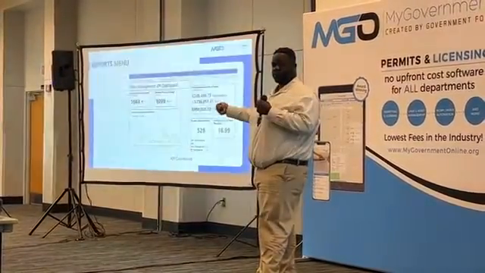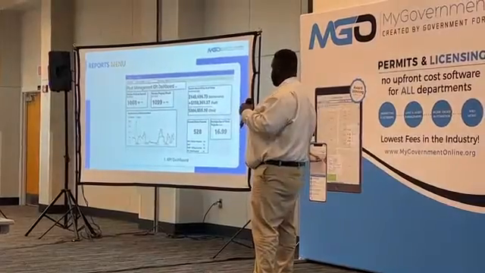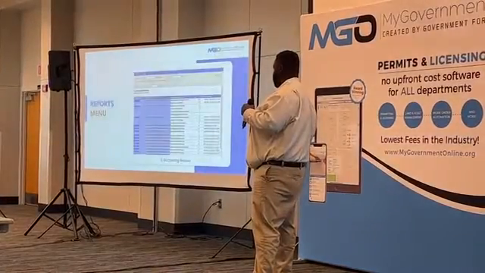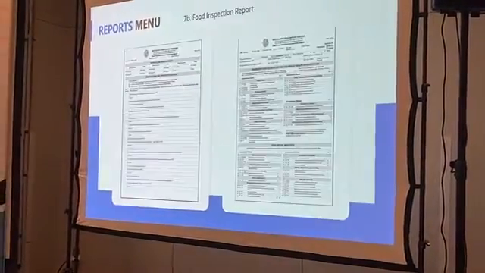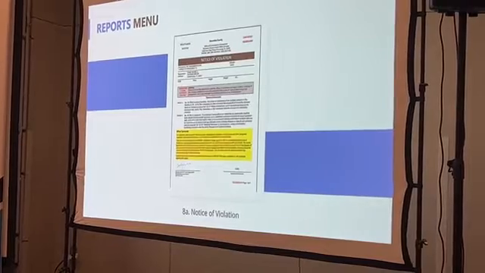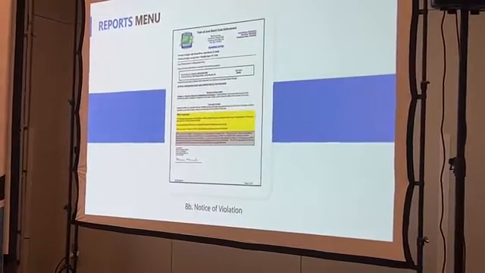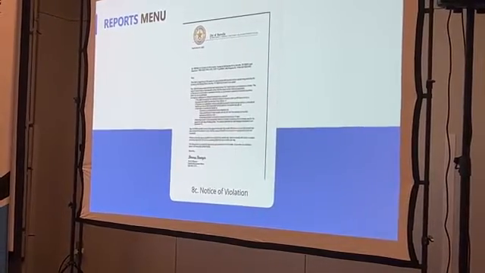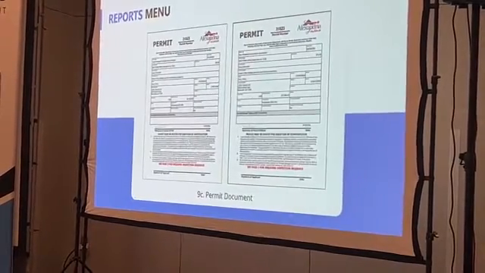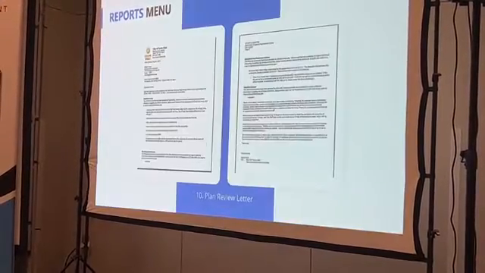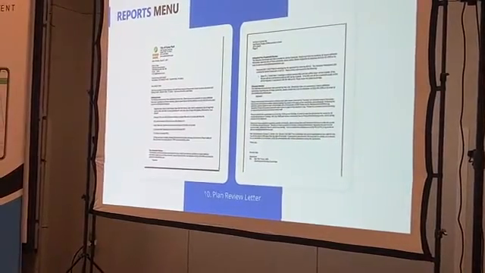I'm going to scroll through them in the background. I'm not going to go through each one of them. But here you can see almost every report that you could think of. And of course, I'm sure there are reports that may not be on this list, and we can talk about those in emails, but for the vast majority of these you can now have them as a reference.